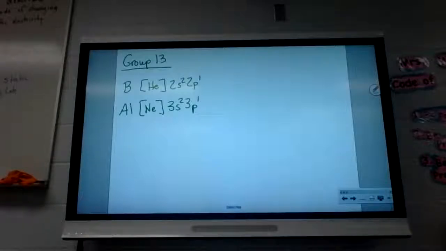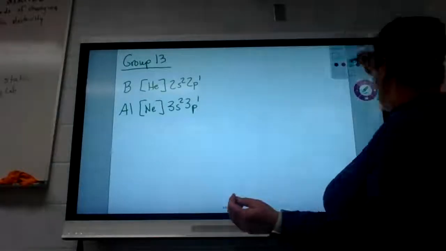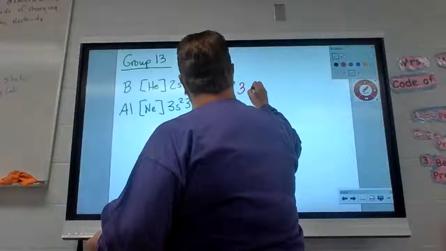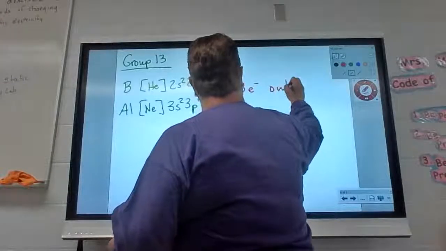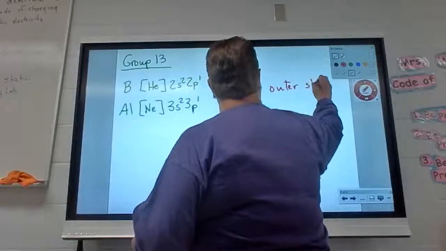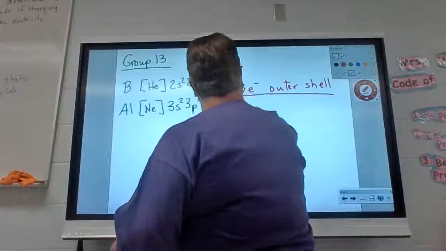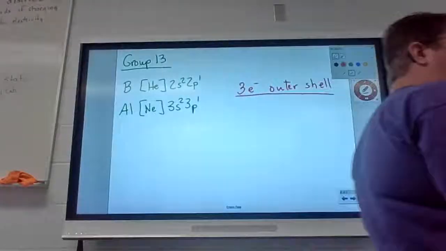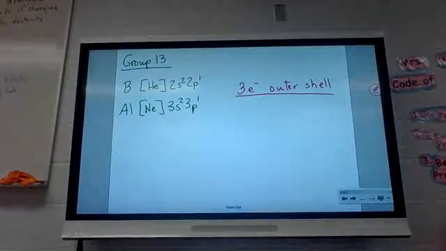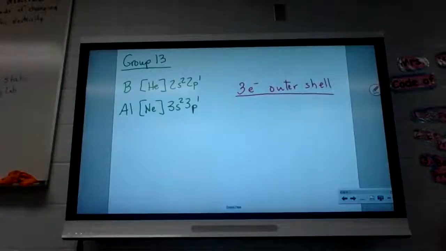Very large. All right, so if we look at this, what can you tell me about the outer shell? 3 electrons. All right, so if they have 3 electrons in the outer shell, what do they have to do to get to that magic number of 8? What are the 2 options?